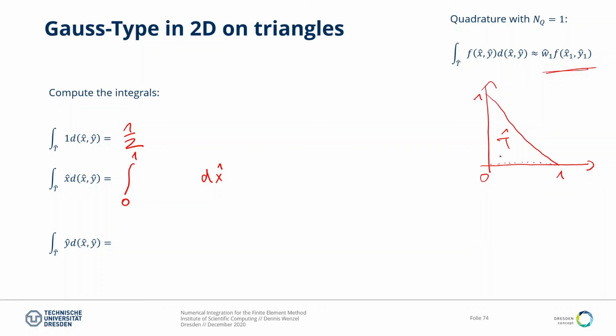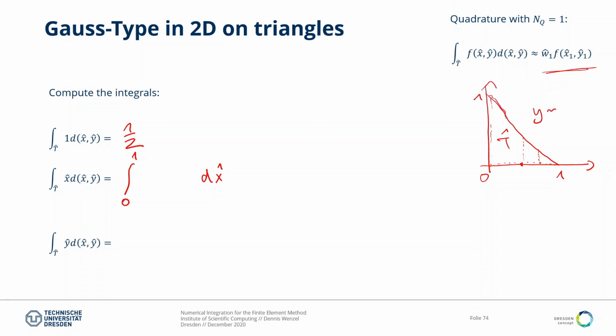So this integral goes from here in this direction. If I have a certain value of x, for example x is 1/2, then my y values are not allowed to go all the way up to 1, but only up to here, because that's where my triangle ends. If my x is getting bigger, then I can only go this far up, and only here can I go all the way up.